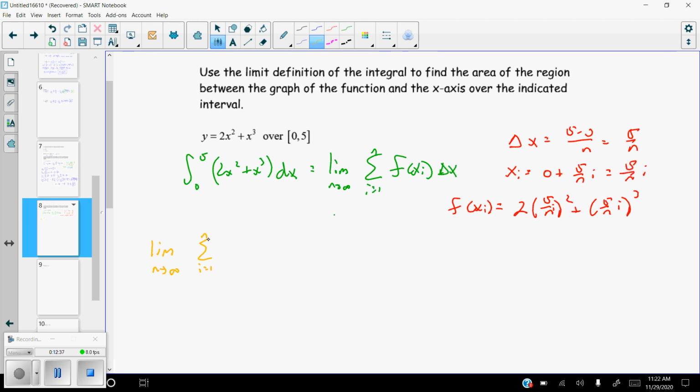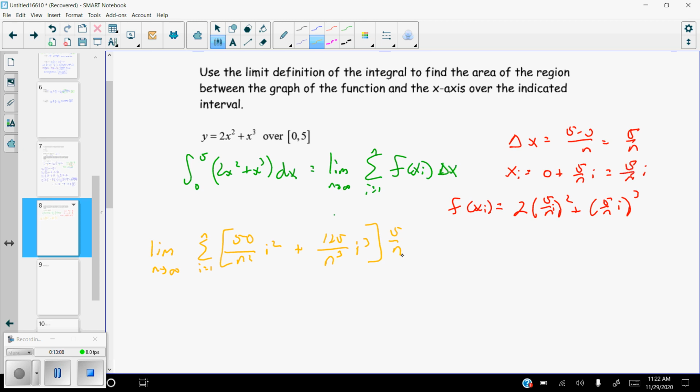But then I have to multiply the 2, so I'm going to get 50 over n squared i squared, plus, now I have to cube 5 over n i, so that's going to be 5 cubed, which is 125, over n cubed, i cubed. And that's what I'm taking the sum of. And then I have to multiply that still by delta x, which is 5 over n.